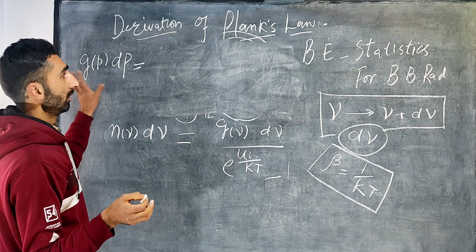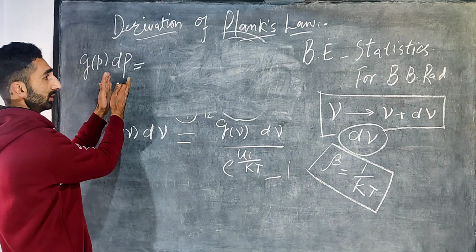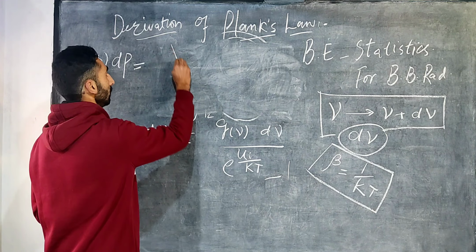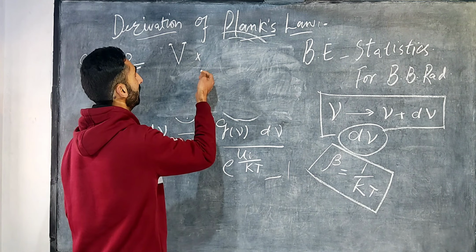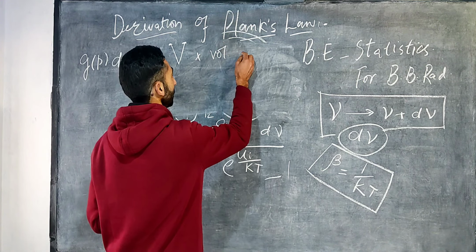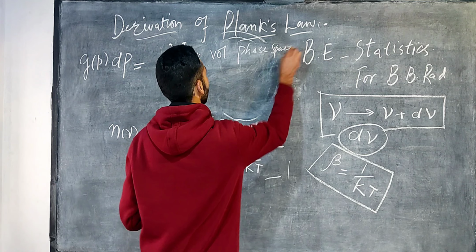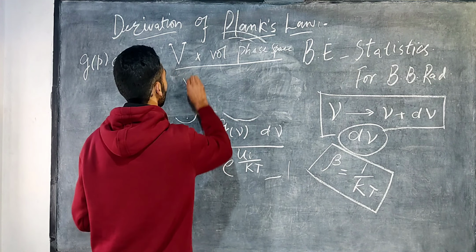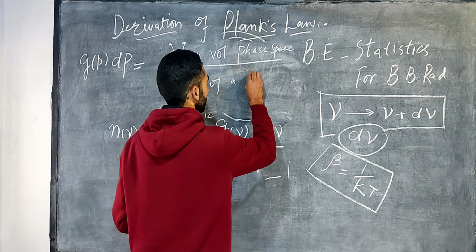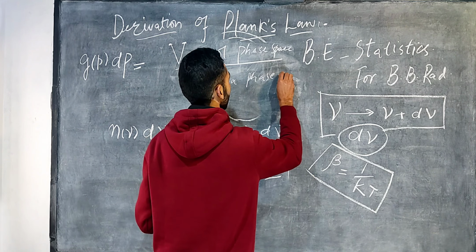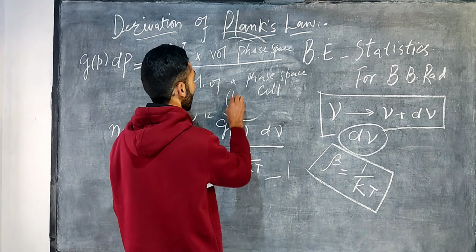This very formula, that is, the number of phase space cells in the range of dp, is equal to the spatial volume multiplied by the volume of phase space, divided by the volume of a single phase space cell, and that is equal to h cube.